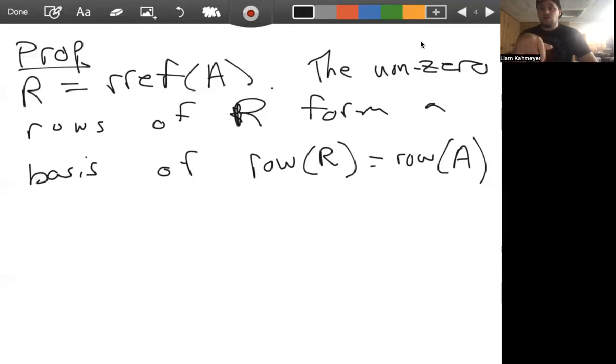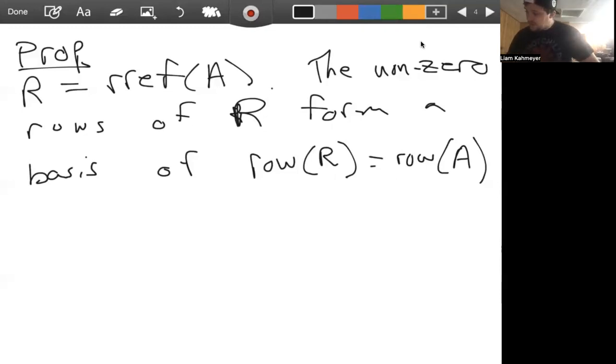You look at the non-zero rows, or the rows corresponding to pivot entries, right? Any row containing a pivot entry is going to be a non-zero row. Those row vectors form your basis, right? And we'll look at that a little bit here.